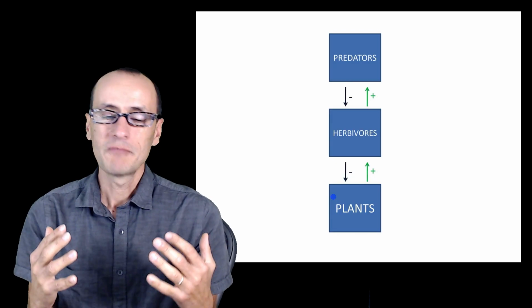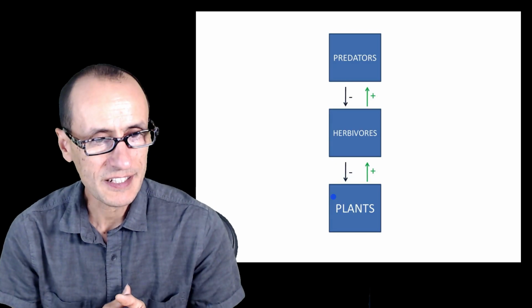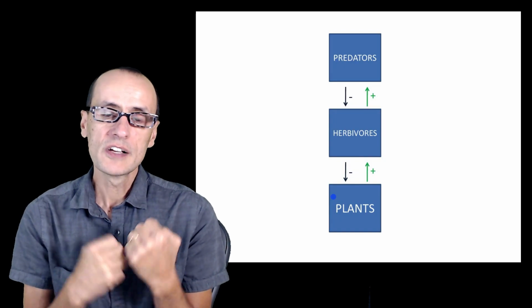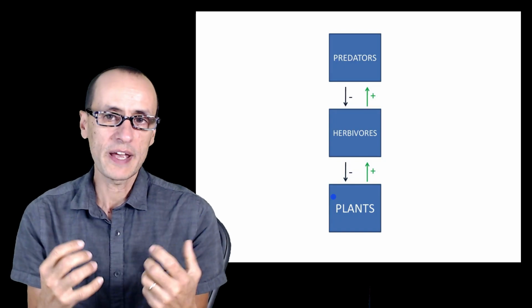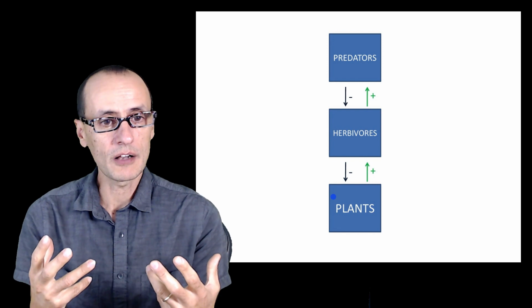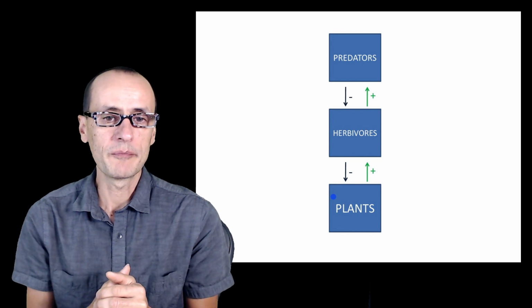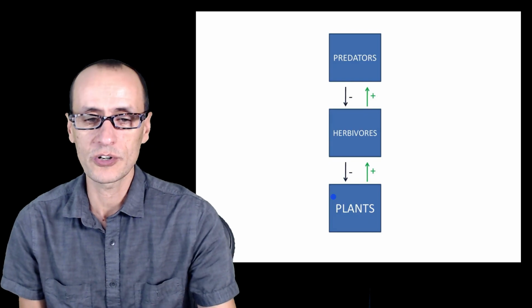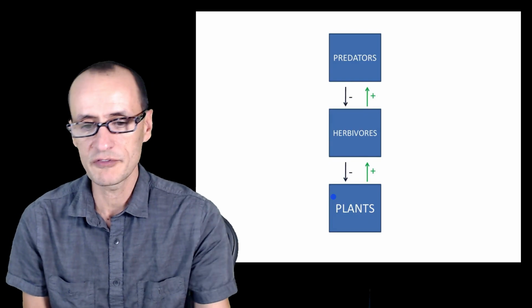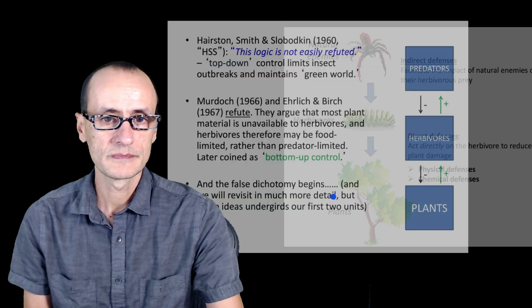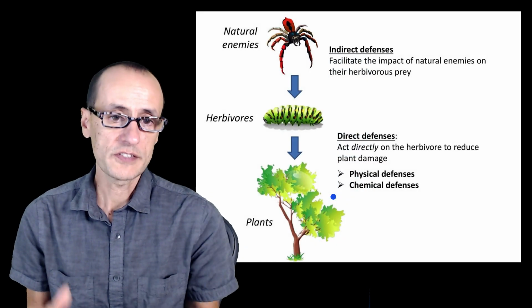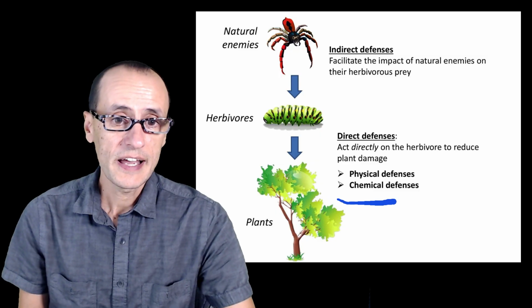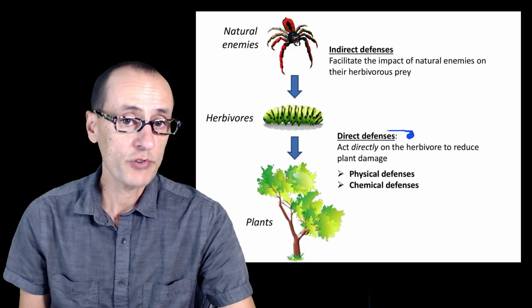Turns out, as you can imagine, plants are not sitting ducks, and plant-herbivore interactions have been evolving for millennia. So plants have evolved a variety of ways in which they protect themselves from herbivores and from the loss of this very hard-earned tissue that they've put together. The situation looks something like this, where plants have a variety of traits.